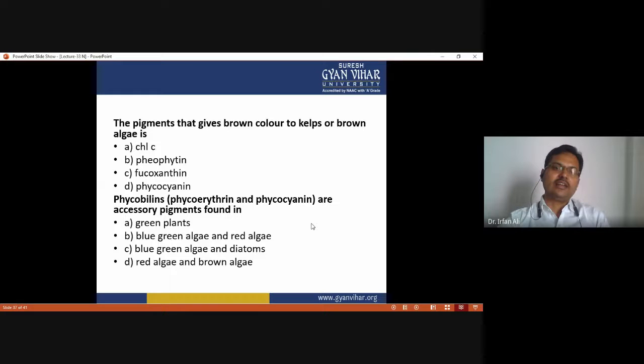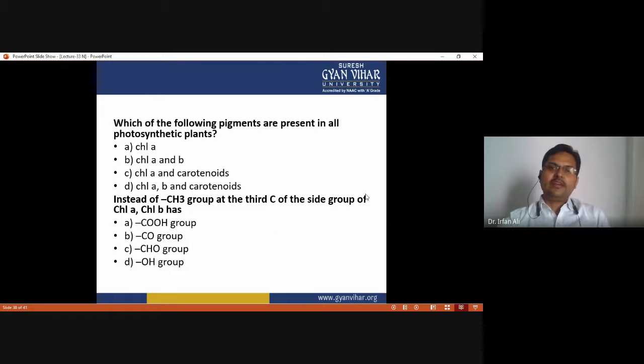Which is the correct answer? And phycobilins like phycoerythrin and phycocyanin are accessory pigments found in blue green algae, red algae, diatoms and brown algae. Which of the following pigments are present in all photosynthetic plants: chlorophyll A and B, chlorophyll A and carotenoids, or chlorophyll A, B and carotenoids?